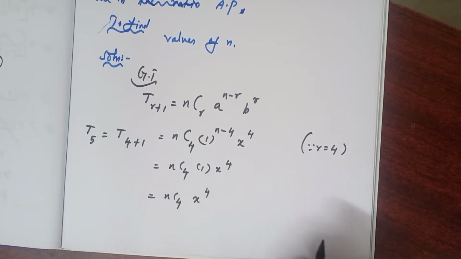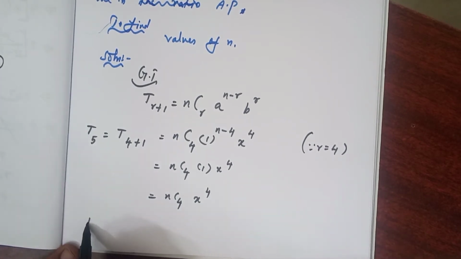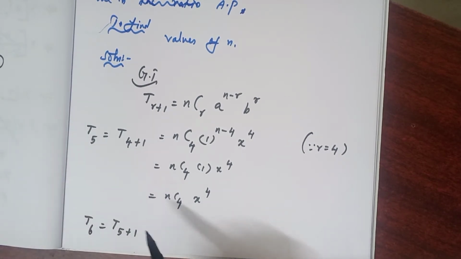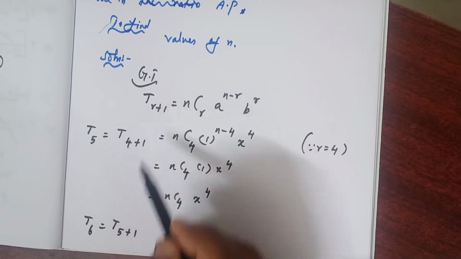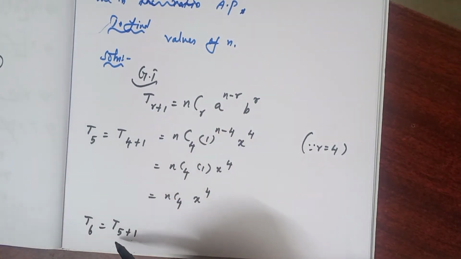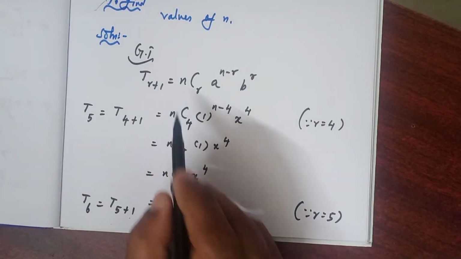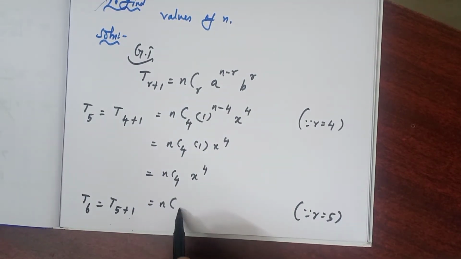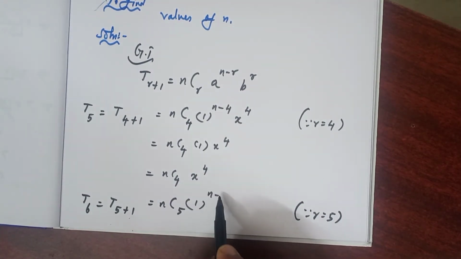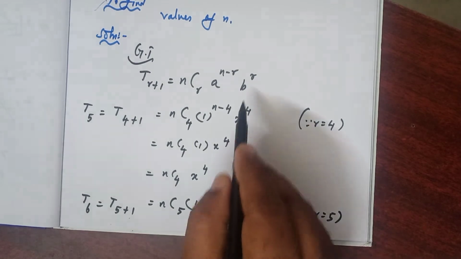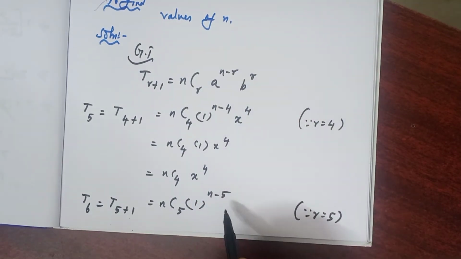Now T6 is equal to T5 plus 1. Here r plus 1, here 5 plus 1, therefore r is equal to 5. Formula NCR, value is 5, a is equal to 1 power n minus r, value is 5, b is equal to x power r, that is equal to 5.